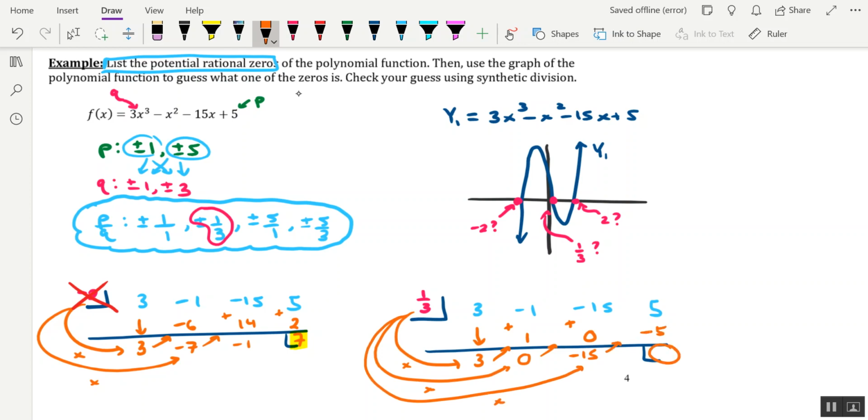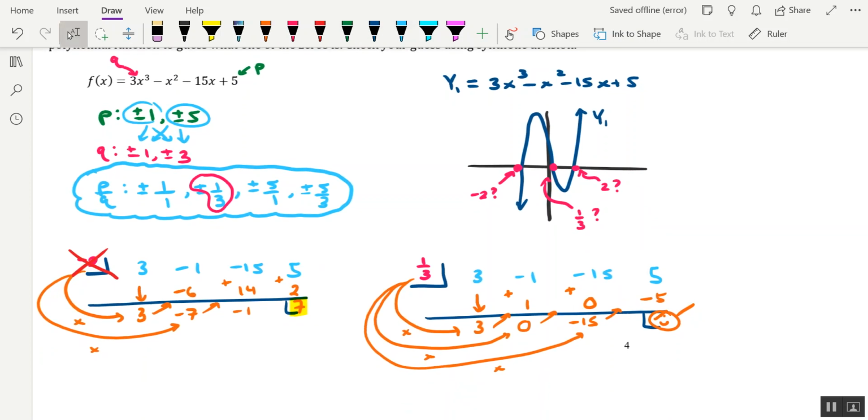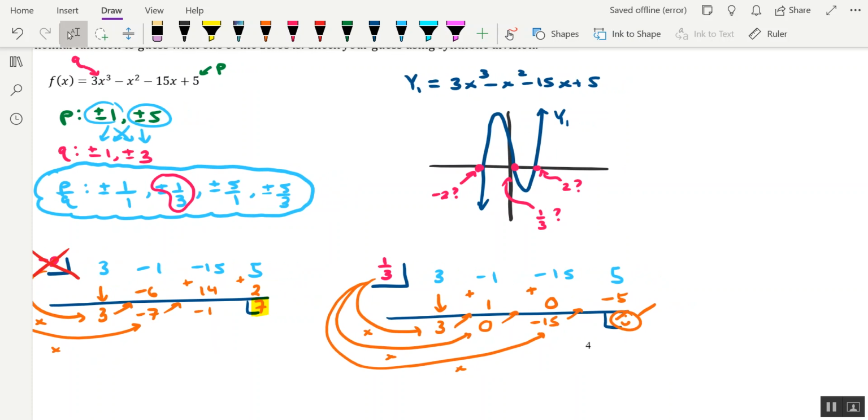And boom shakalaka. 1/3 is actually one of the true real zeros for this polynomial function. So based on that, we'll say 1/3 is a real 0. So that's how you guess and check.